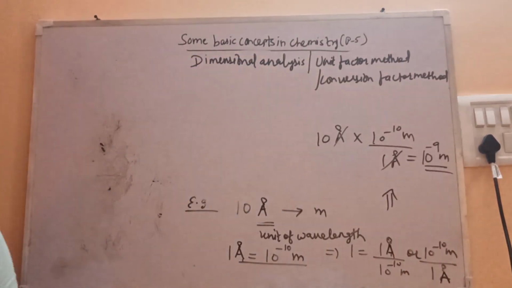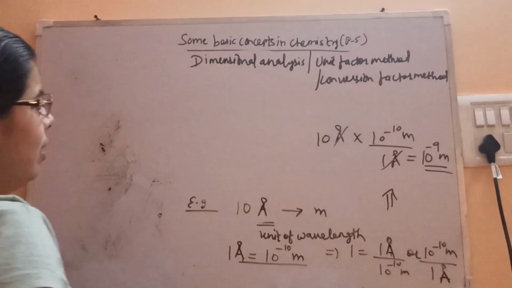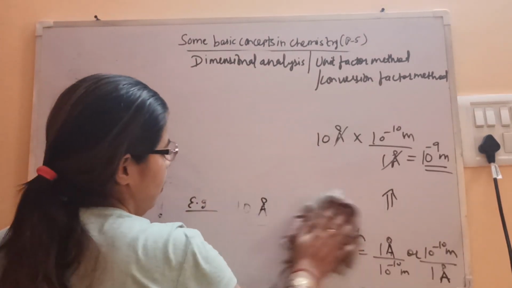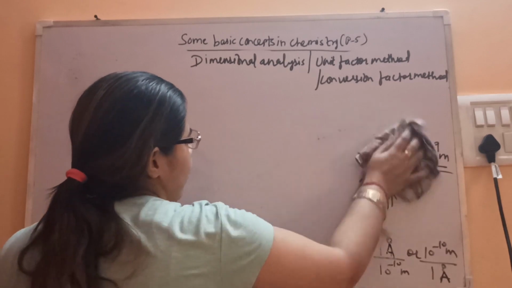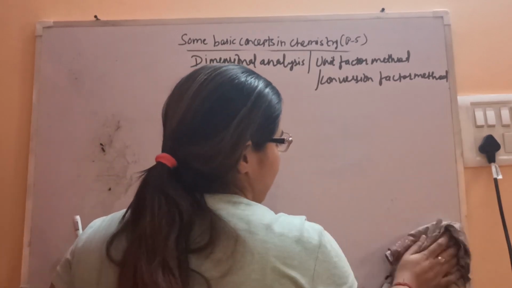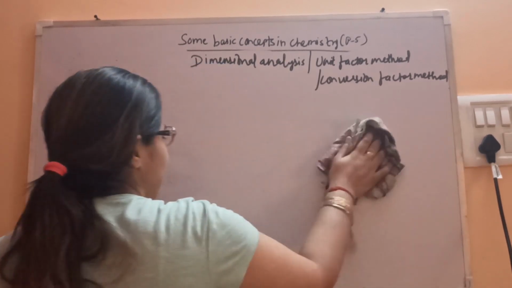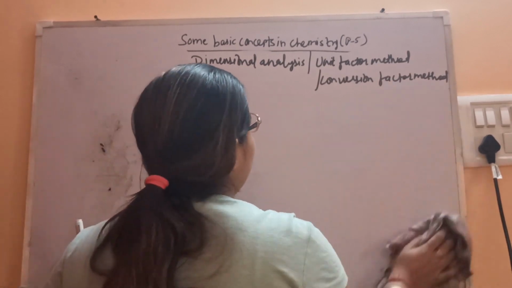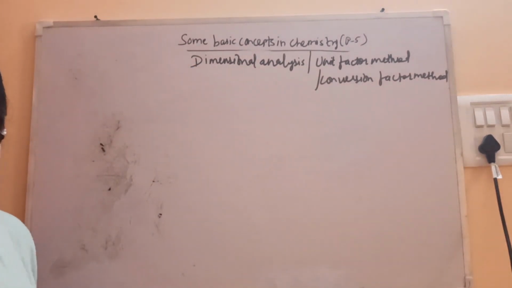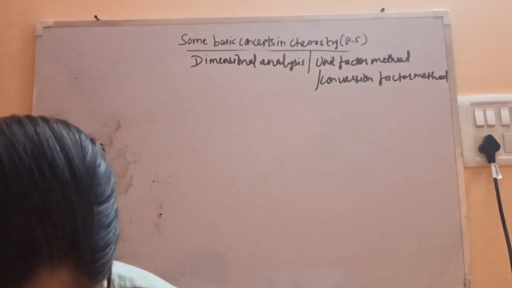In this way you are supposed to convert one set of units to another. Fine. This is how you will convert one set of units to another one. The conversion factor will be provided to you in the given question. Fine. Let's see one more, the last one.